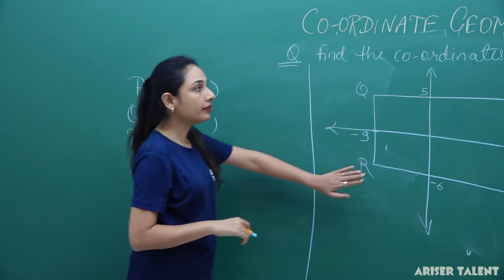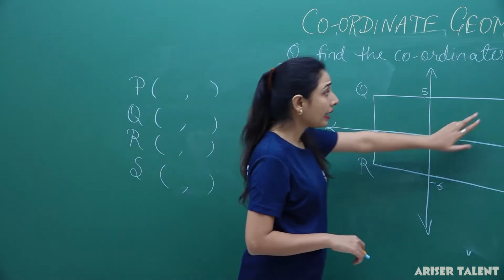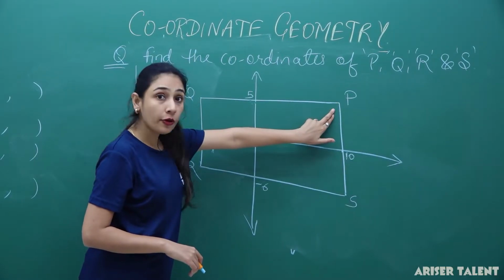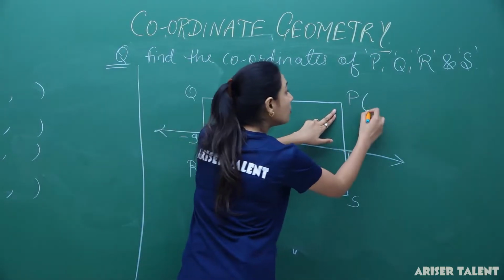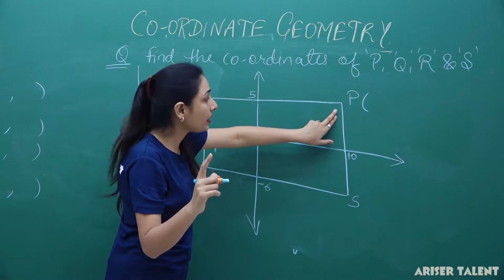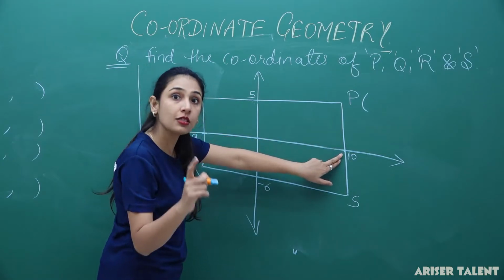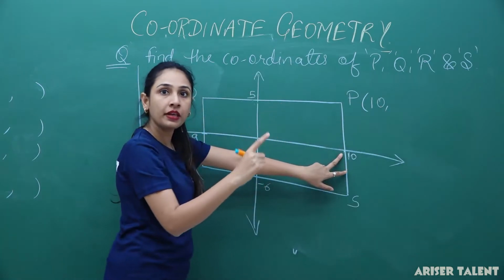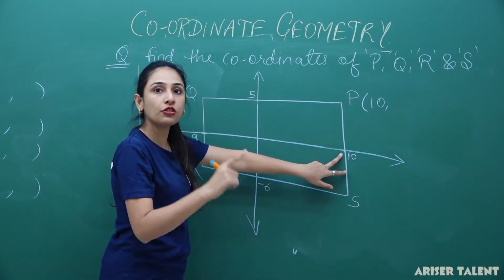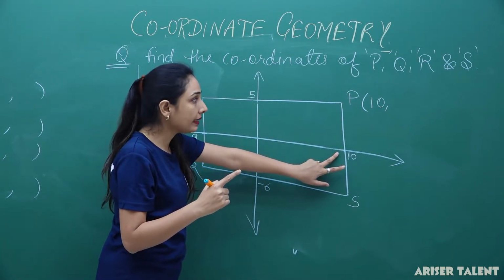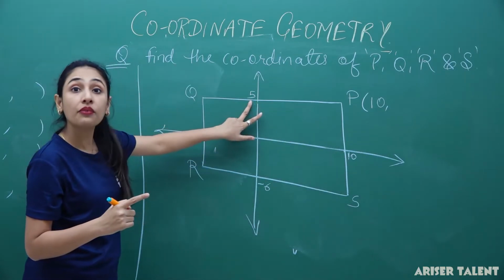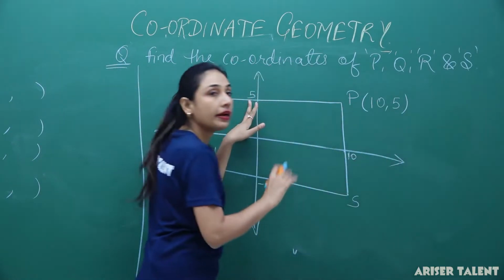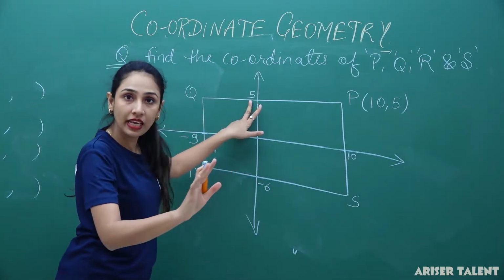Okay, now look at this side. If I talk about P, the abscissa of P on the x-axis is plus 10. And we know the first compartment will always have positive abscissa, positive ordinate. So 10 here. Now on the y-axis it is 5. Okay, P has been done.